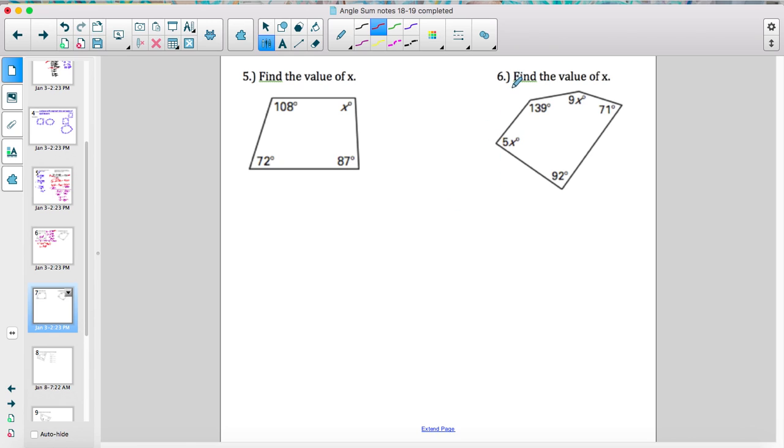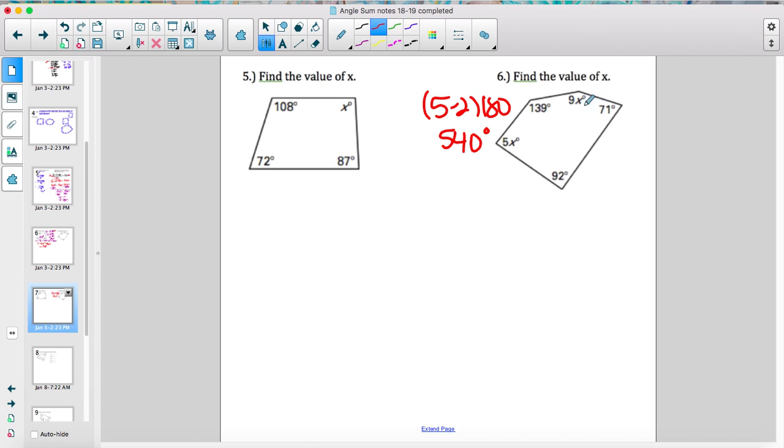All right, let's go ahead and see how we did on example number 6. So using our rule, we see that again there are 5 angles here, so 5 minus 2 times 180 shows us that there are 540 degrees, 3 times 180, 540 degrees in the whole entire pentagon.